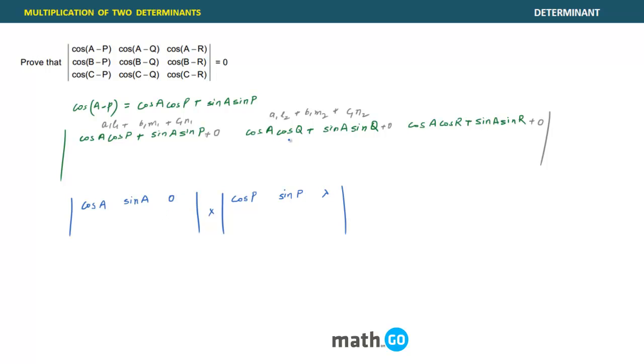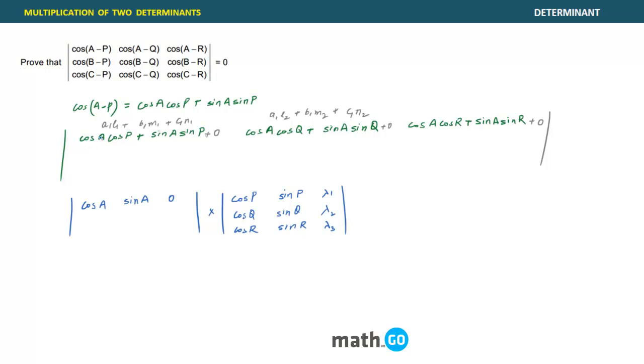Now the next element is cos a cos q, so you multiply with cos q here, and sin a with sin q, the same pattern. It doesn't matter what is in the last place, so lambda 1 or lambda 2, it doesn't matter. Then you will have cos r, sin r and lambda 3, which doesn't matter.